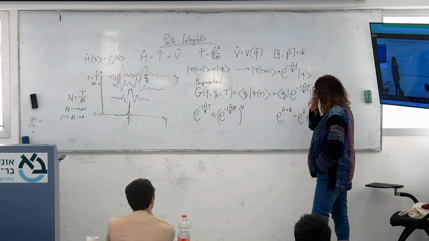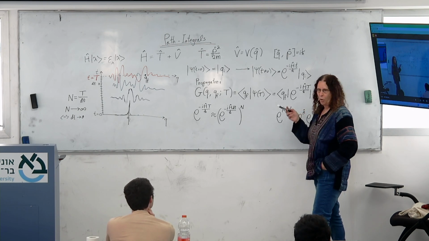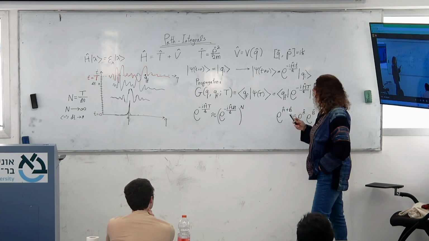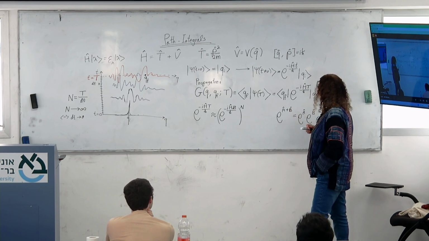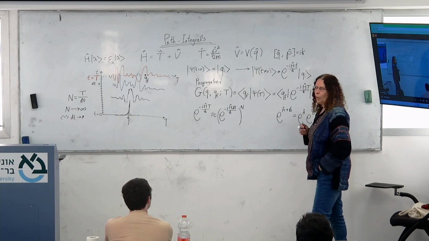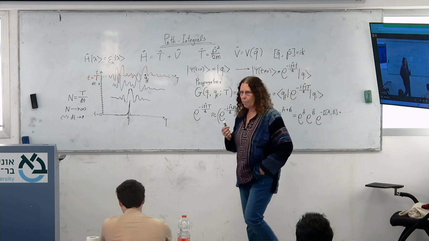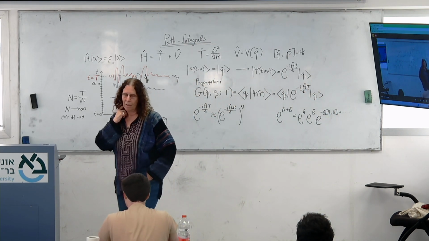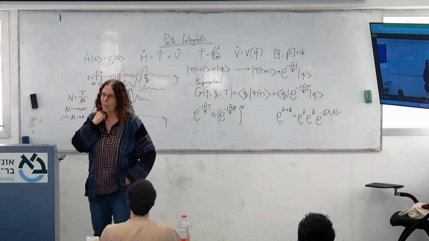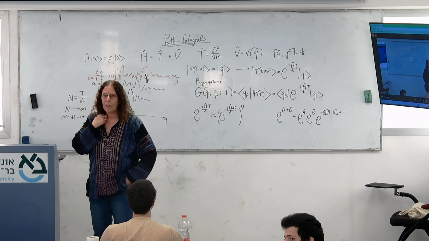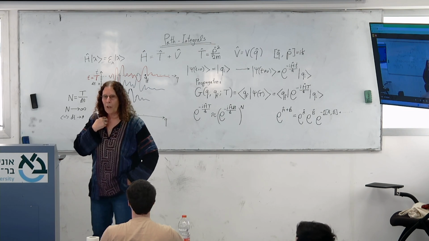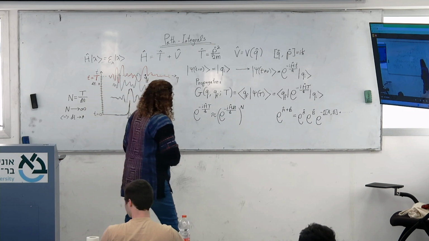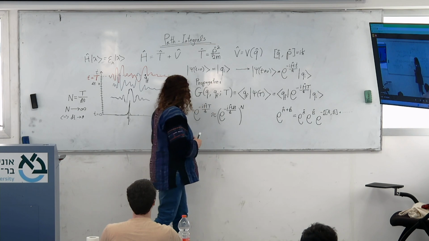You're saying it's 0 because it's the same Hamiltonian. Yes. It's the same Hamiltonian. But the problem is the Hamiltonian itself. Oh, it's time dependent. I mean, each step the Hamiltonian is changed.